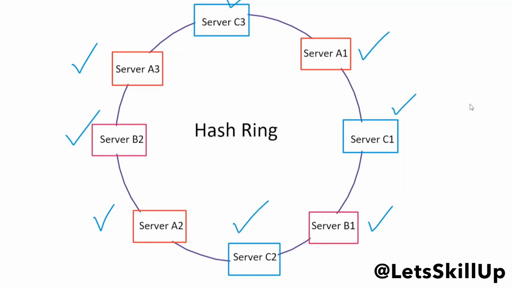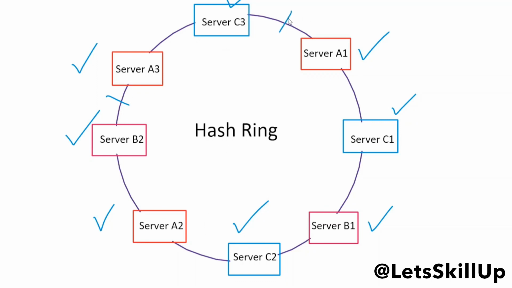How many labels to assign to a given server depends on the weight we assign to that specific server based on its capacity, power, storage. All these factors come into the picture. So let's say if server A is twice as powerful as server B, then we would assign it twice the number of labels which we assign to server B. So in this case, let's say there is some key here and then there is another key here.